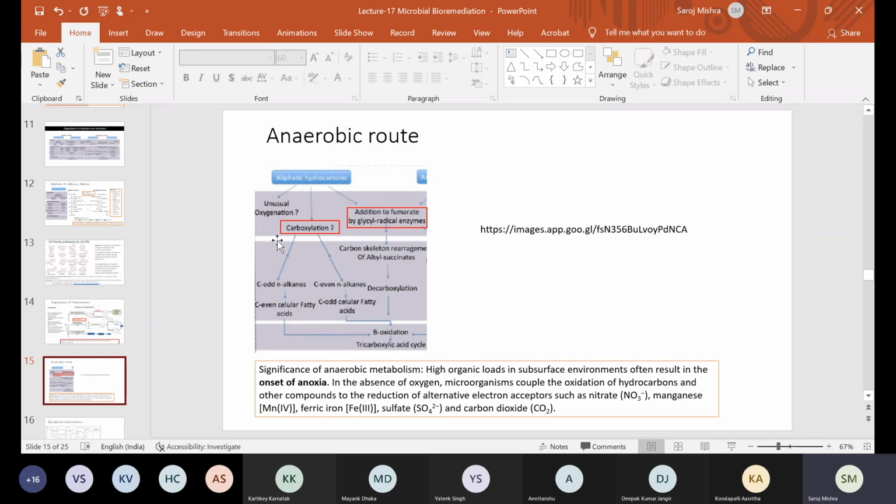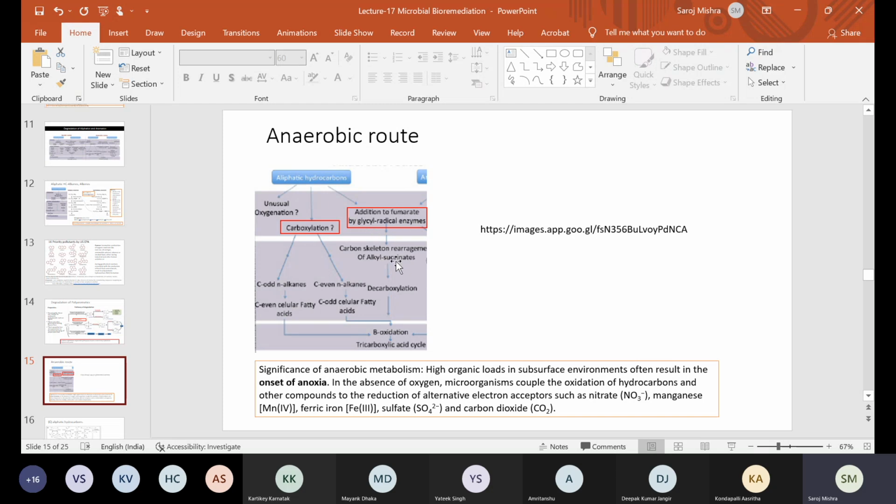There are three major routes which have been found in bacteria. One of them is a very unusual oxygenation, about which not much is known. The other route is addition of carbon dioxide, which is called carboxylation, or addition of fumarate. For aliphatic compounds, either carboxylation can be carried out or you can have addition of fumarate.